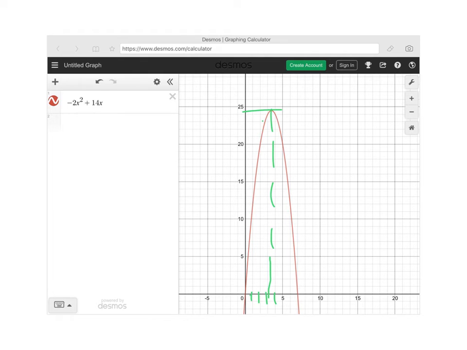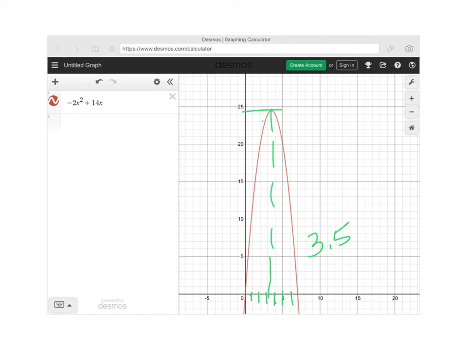It's kind of hard, my pen is thick. Okay, so that seems reasonable. Okay, so how long did it take then to reach the ground? Well, if it took 3.5 seconds to reach its maximum, then it should take 3.5 to reach the ground, because it's symmetrical on that axis of symmetry.